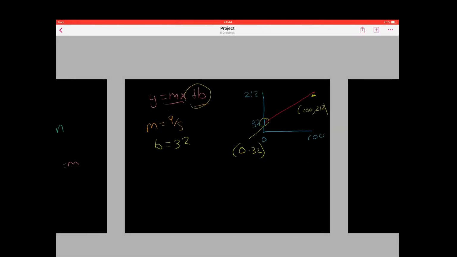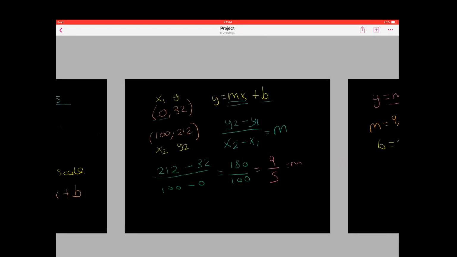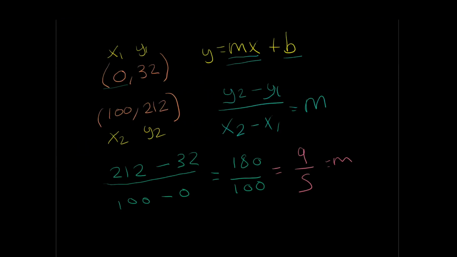If we go back and look at our ordered pairs again, 0 is x and 32 is y.